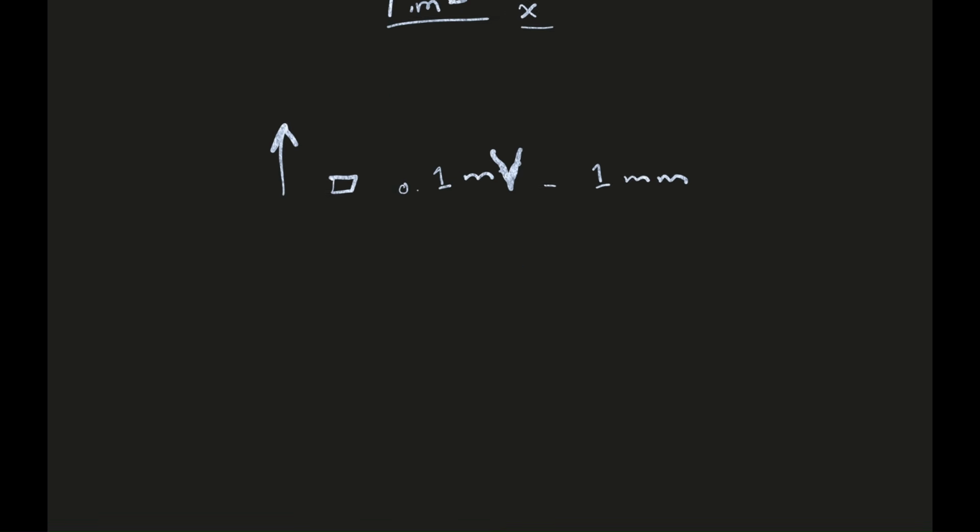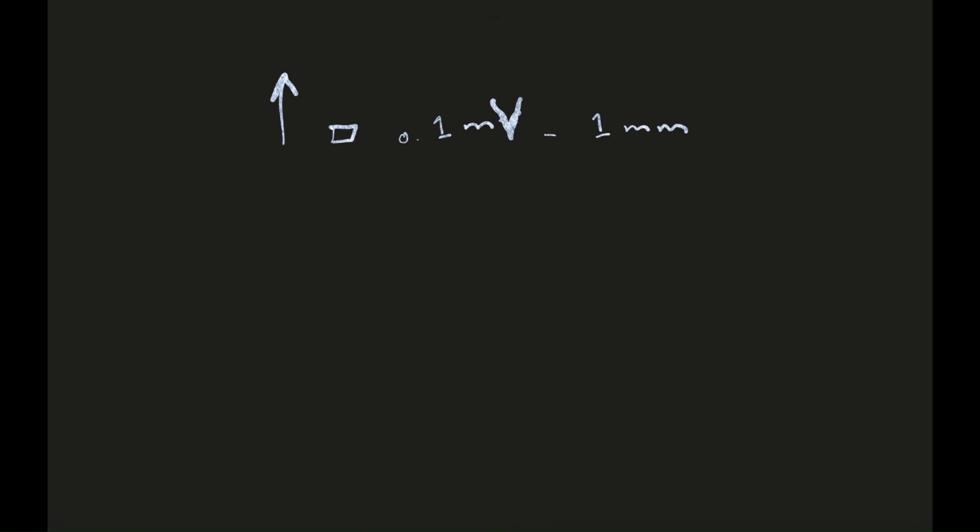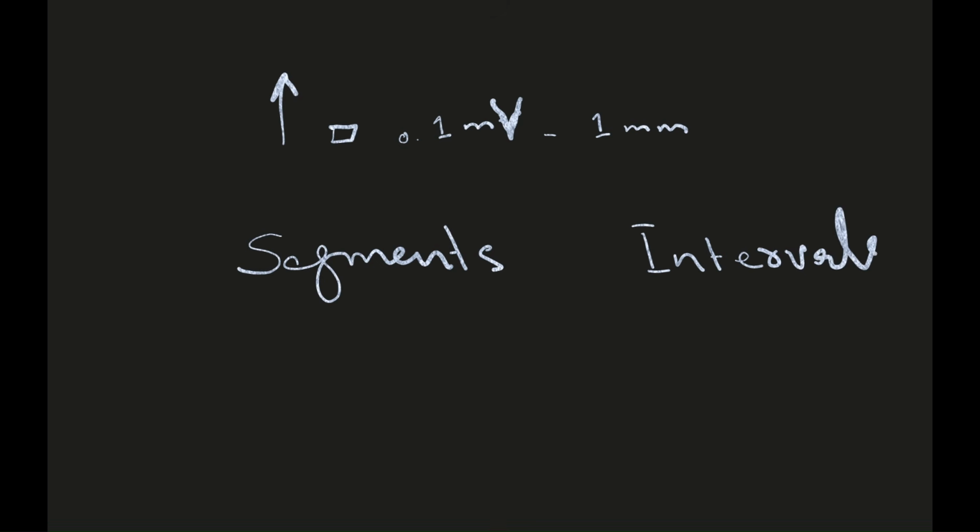Now moving on further, we have some segments in the ECG and there are some intervals. I want you to remember there are two segments. They are clinically very important. One is the PR segment.